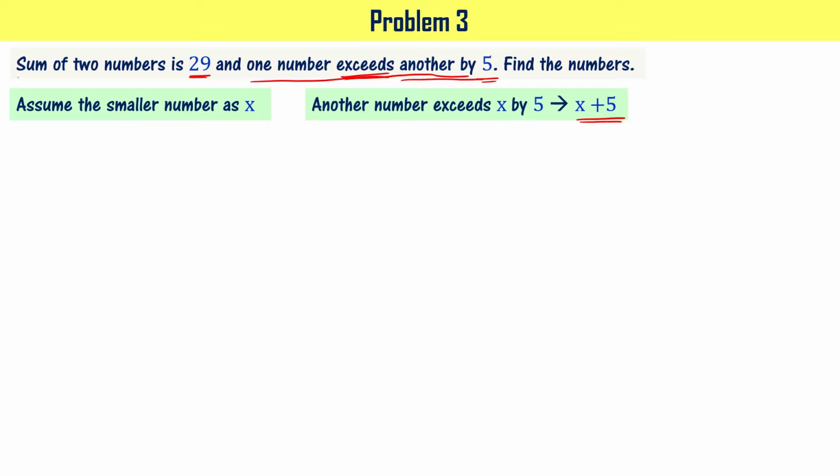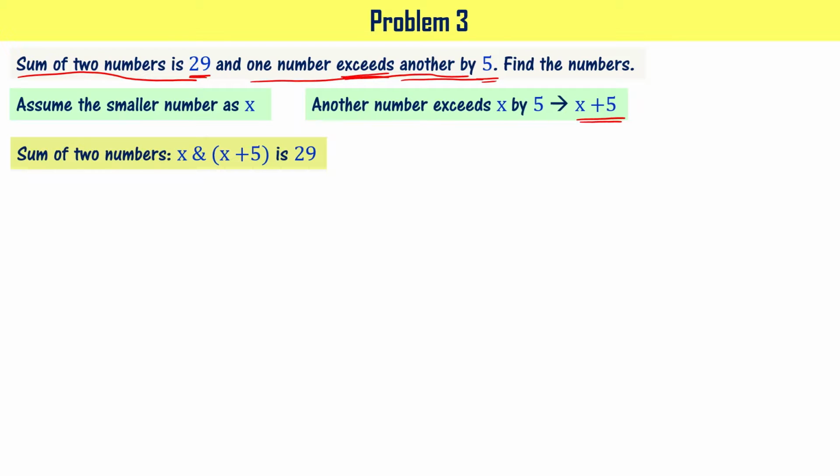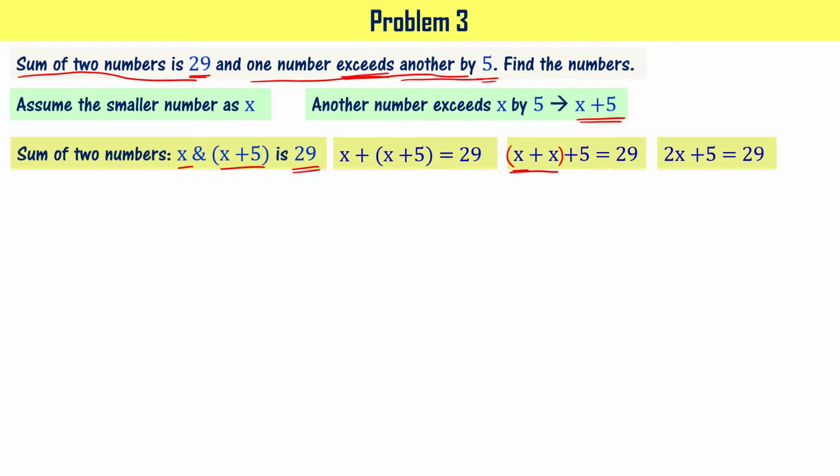And look at the first statement. The sum of these two numbers is 29. It means when you add x and x plus 5, you are going to get 29 as the answer. Let me write this statement as the equation. x plus x plus 5 equal to 29. Rearrange it such that it can be written as 2x plus 5 equal to 29.